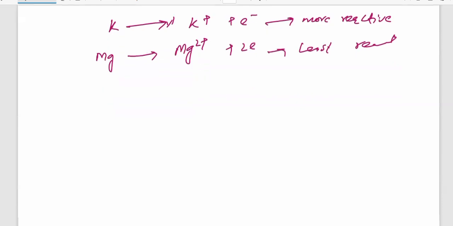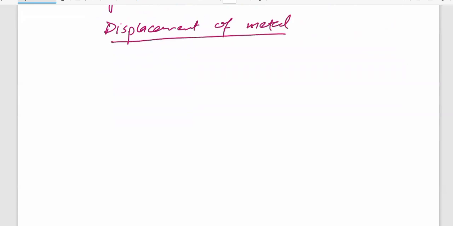Okay, so what we have to do, हम देखते हैं कि displacement reaction of the metals. Displacement of metals. A more reactive metal, you have to understand this.